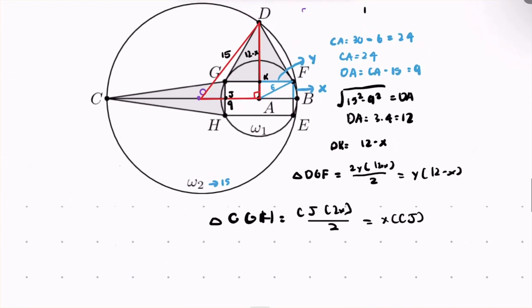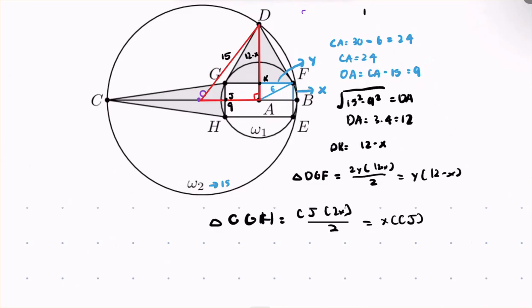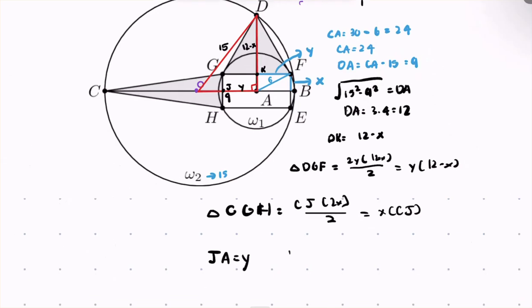Now, notice something. We can find this since we already know CA. And we know that the length JA is going to be equal to y because we already defined y. And therefore, CJ is equal to CA minus JA, which is 24 minus y.